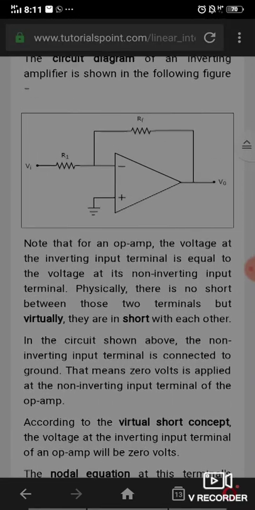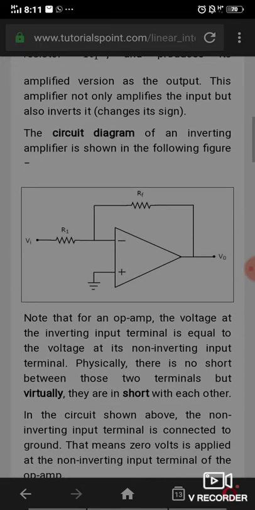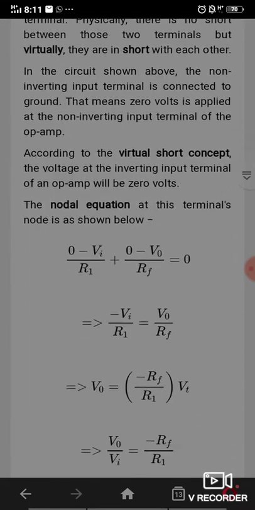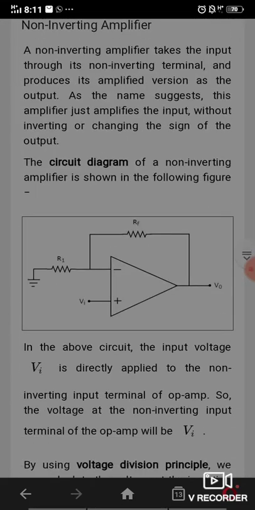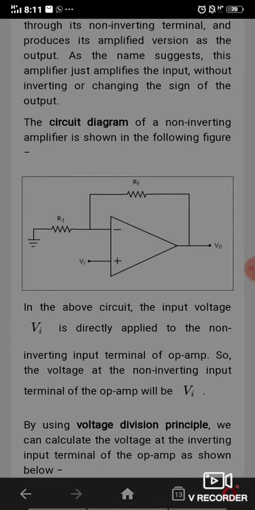First of all, in the inverting amplifier, R1 and Rf are connected to ground and Vi is applied to the positive terminal. In the above circuit, the input voltage Vi is directly applied to the non-inverting input terminal of the op-amp. So the voltage at the non-inverting terminal of the op-amp will be Vi.